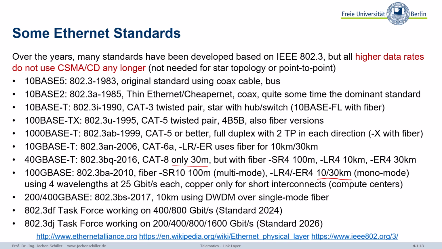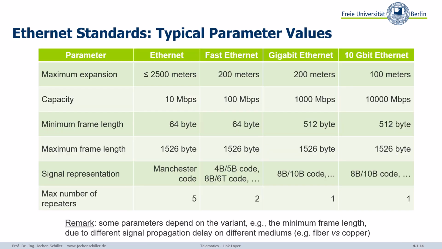And there's a task force working on up to 1.6 terabit per second with the standard expected in 2026. So you see, a single technology, well, yes, it's a certain packet format, but no more CSMA/CD for the higher data rates, and depending on the physical layer, really different distances covered by Ethernet.